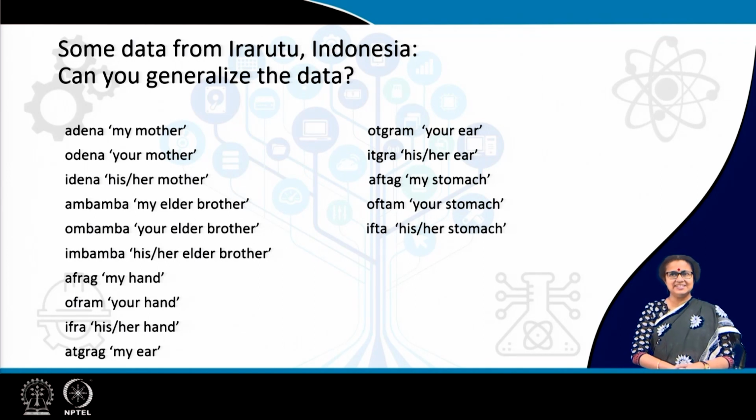I am not reading them out, but you can simply go through the data and do this analysis for yourself. You will have a set of morphemes and their meaning, and we will be starting the next class from the results that you will be receiving after conducting the morphological analysis by yourself.